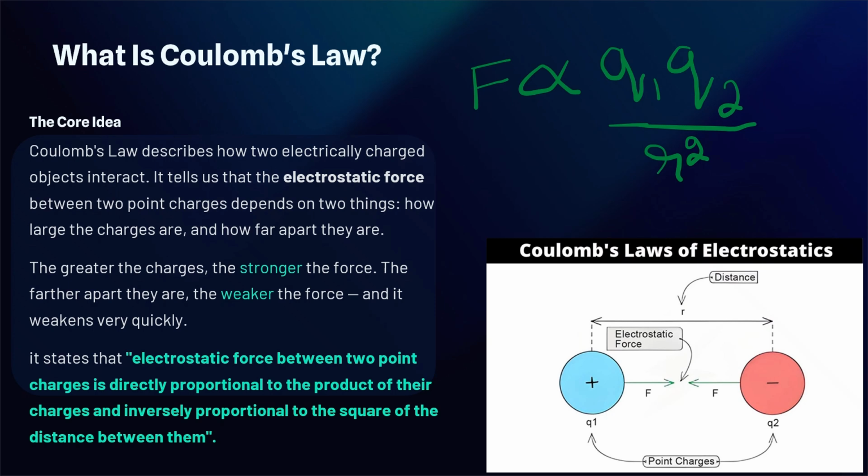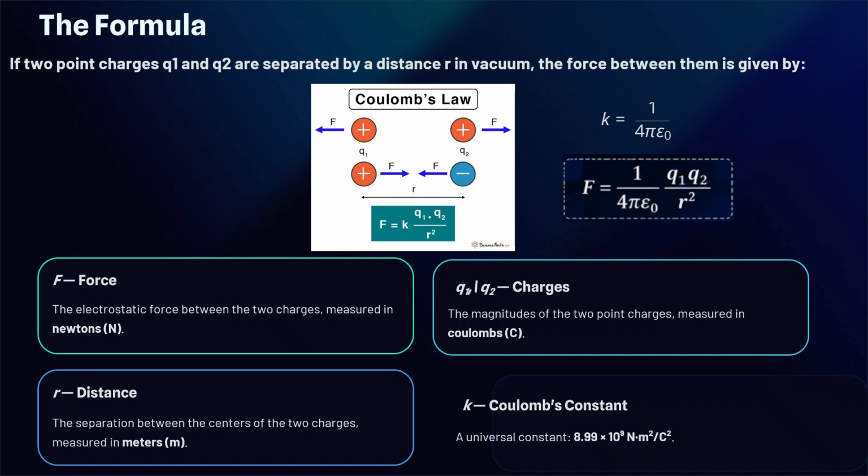It states that the electrostatic force between two point charges is directly proportional to the product of the charges and inversely proportional to the square of the distance between them. Let us see the formula for Coulomb's law by considering two point charges Q1 and Q2 separated by a distance R in vacuum.